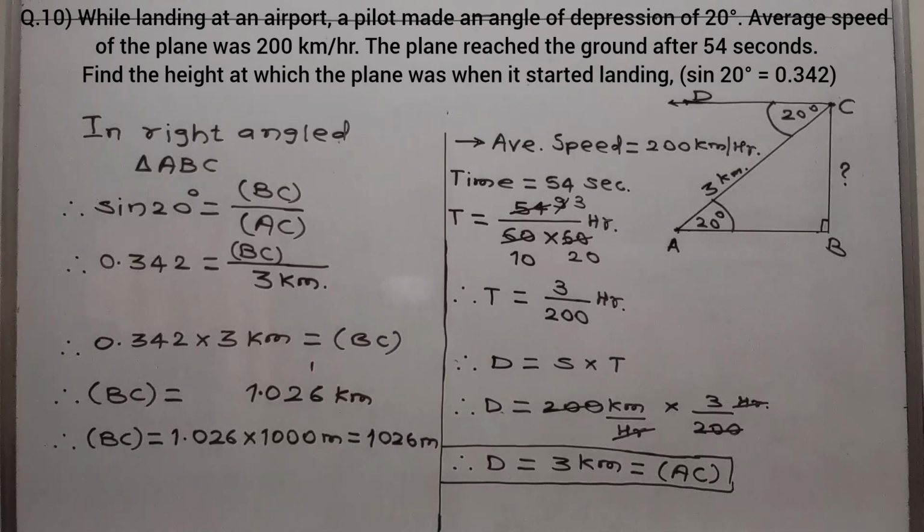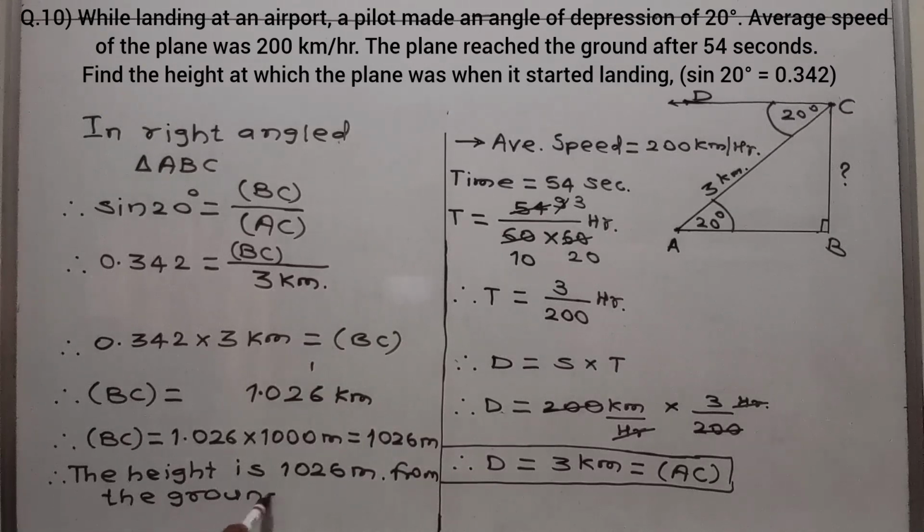Did you get it? Therefore the height at which the plane was when it started landing is 1026 meter from the ground. Did you get it?